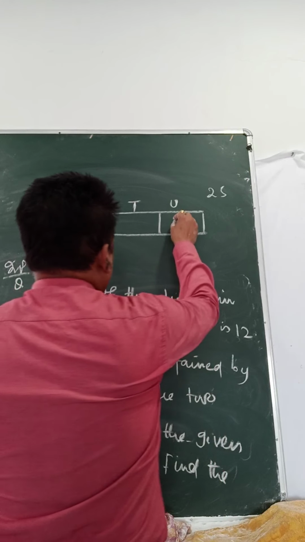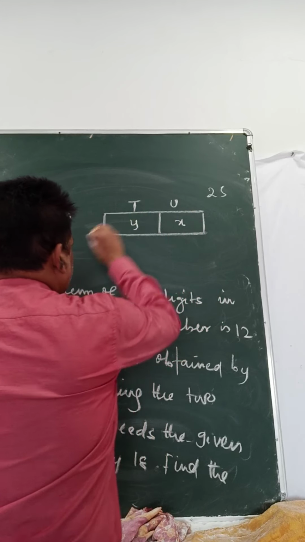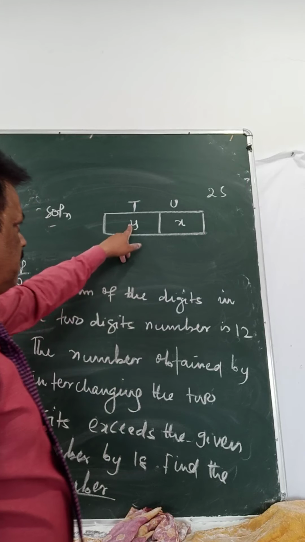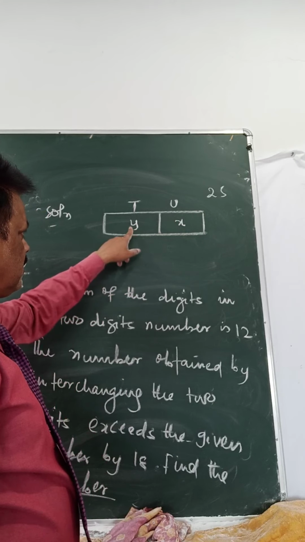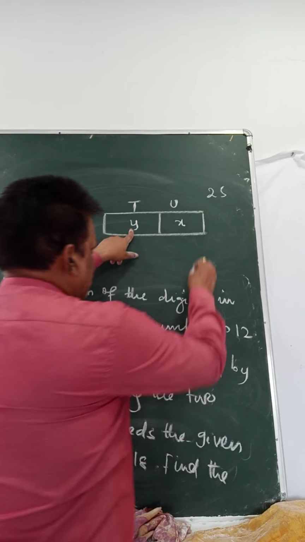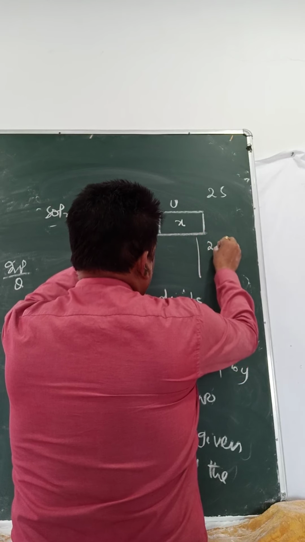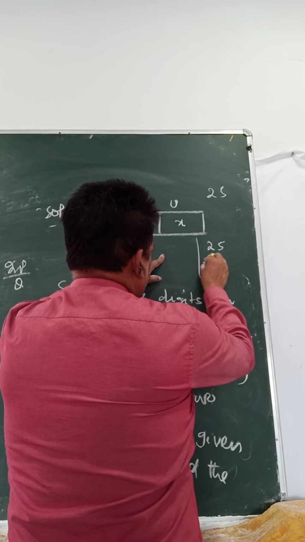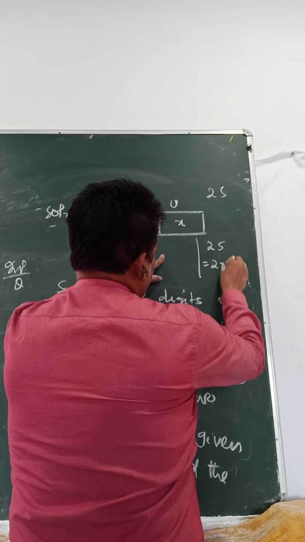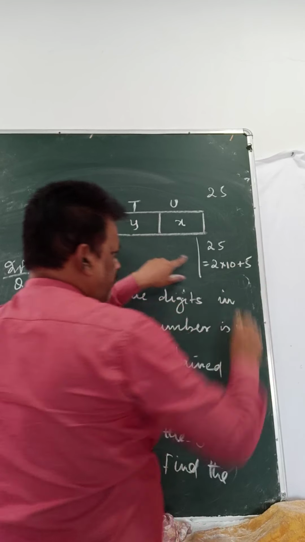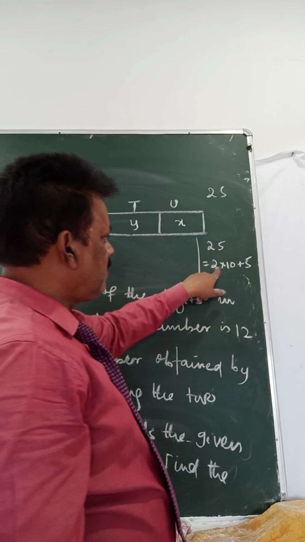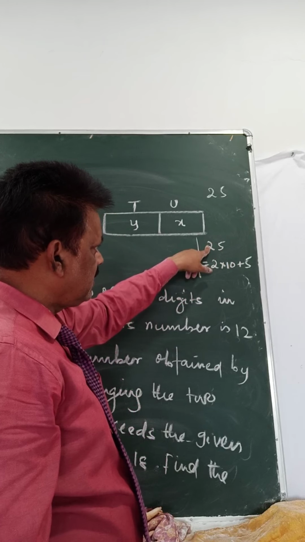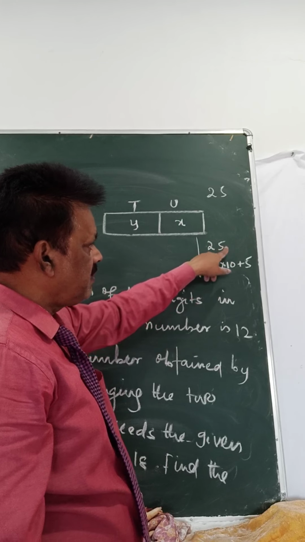Suppose I put x here, this is y. Units place I have taken x, tens place I have taken y. When you write 25, you write 2 into 10 plus 5, so in the tens place digit you multiply by 10, so that it becomes 25.